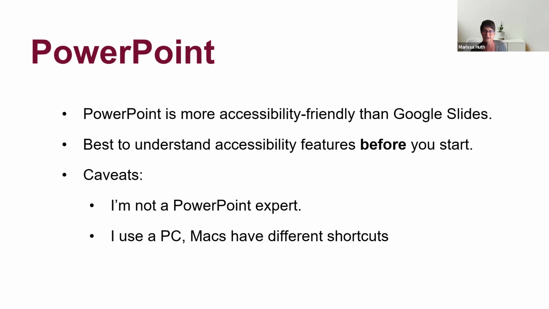Those are just a couple of the items. When you take them all together, PowerPoint is a more powerful tool for accessibility than Google Slides. So whether you're creating a new deck or recreating a legacy document, there are aspects of building in PowerPoint that can be useful to understand before you even start.